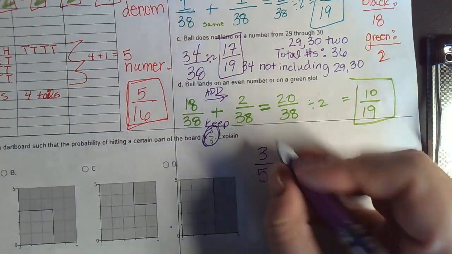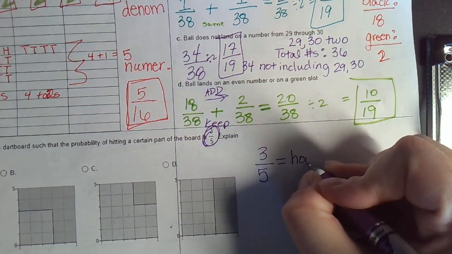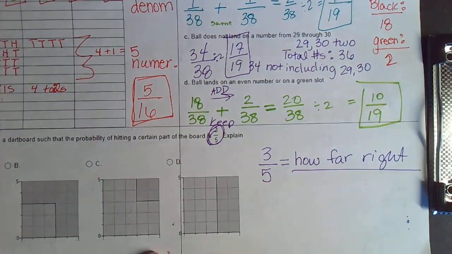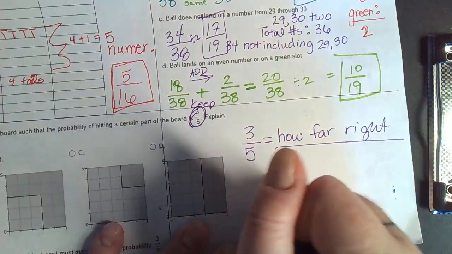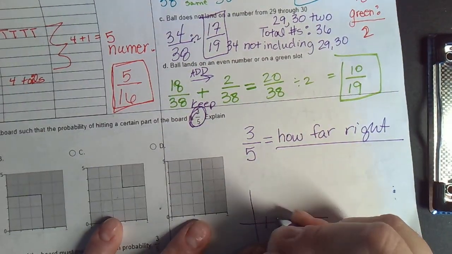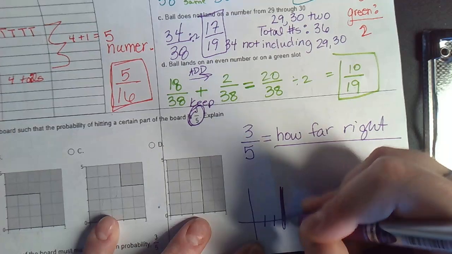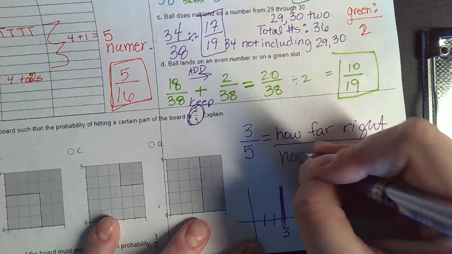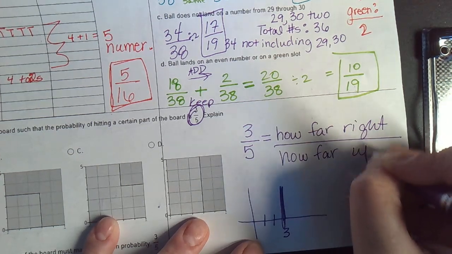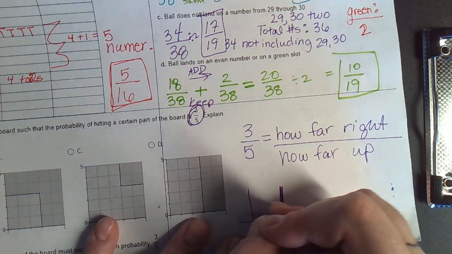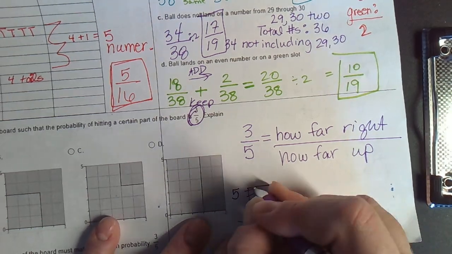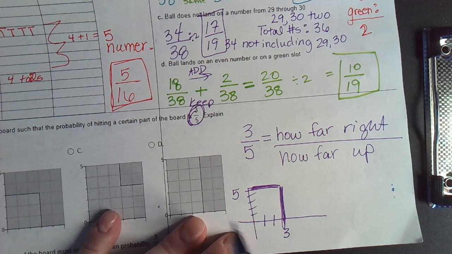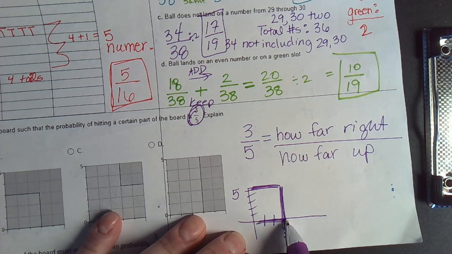The 3 is going to be how far right you go. So on my picture, I'm going to go right 3, 1, 2, 3, and draw an up and down line at the 3. The bottom number is how far up you go. So that says 5, so I'm going to go up 5. 1, 2, 3, 4.